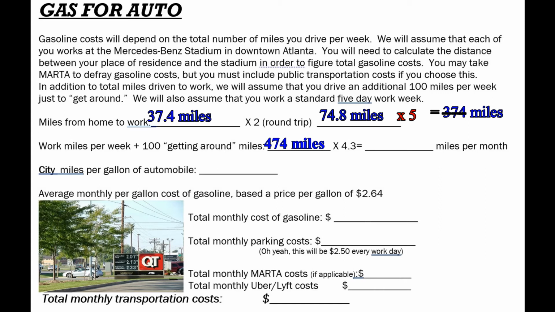For my example, that gives me 2,038.2 miles per month. So now I know how many miles I'm going to drive per month. That's a big kicker here. Once you get that number, you're almost halfway there.